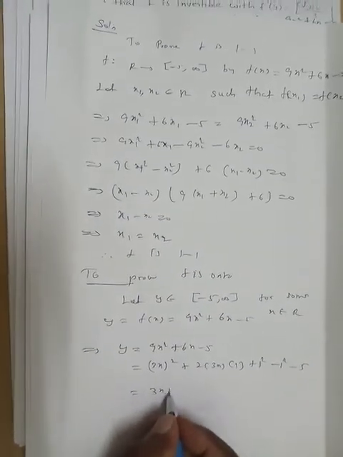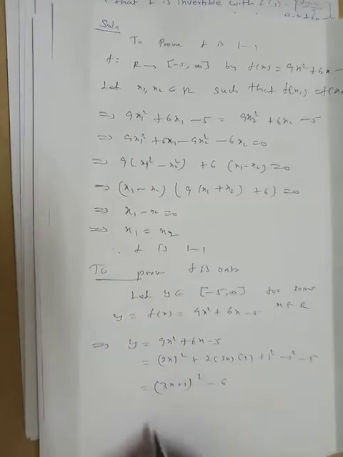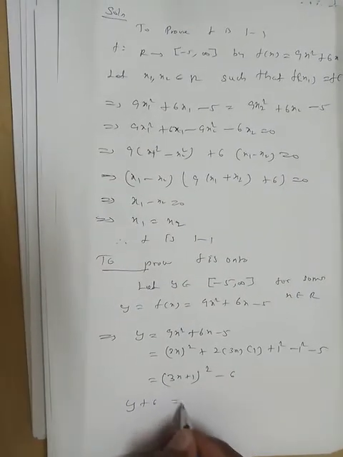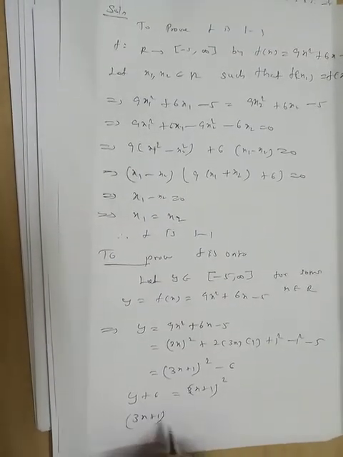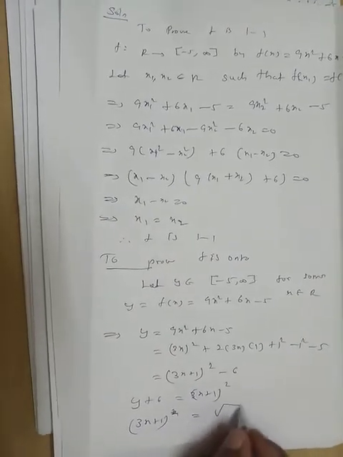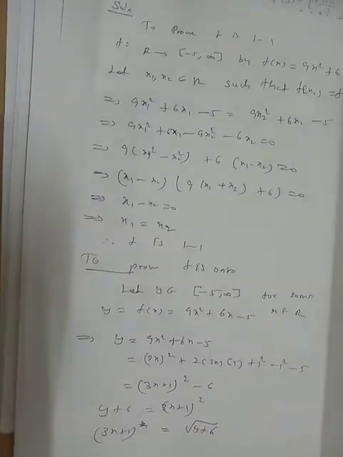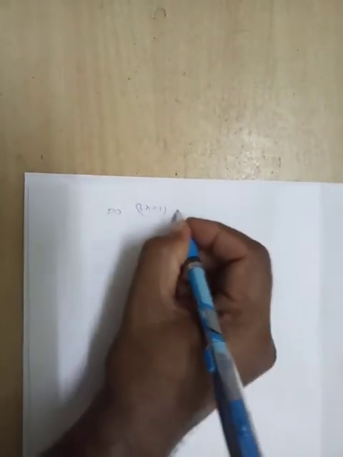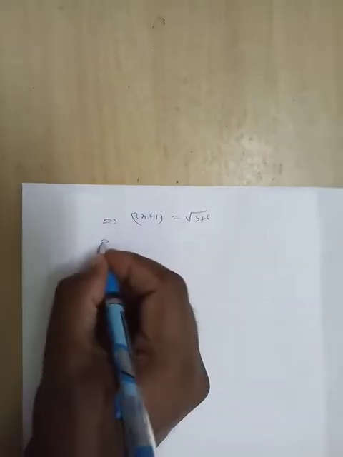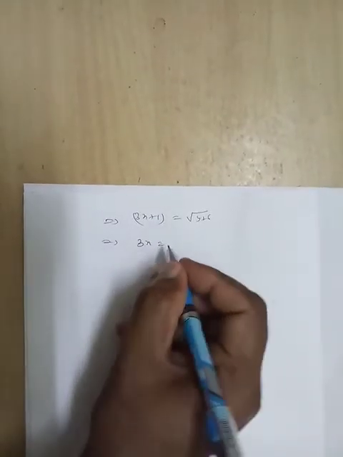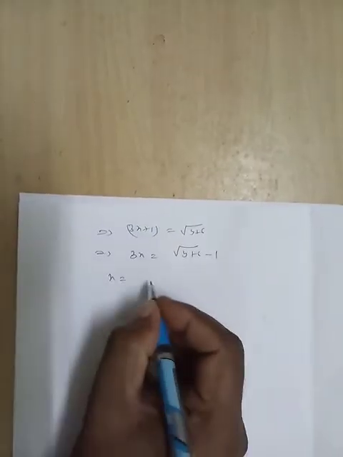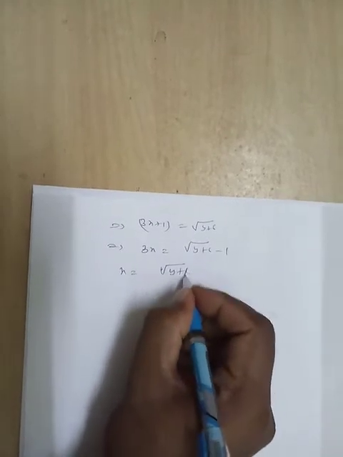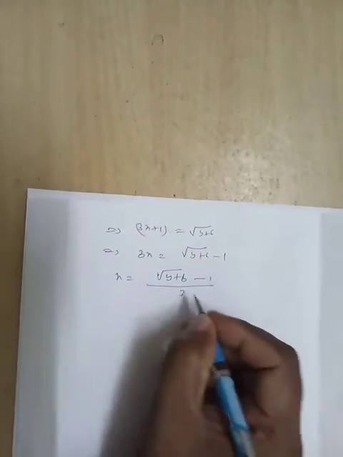This is (3x plus 1) the whole square minus 6. So y plus 6 equal to (3x plus 1) the whole square. 3x plus 1 equal to root of (y plus 6), which implies 3x equal to root of (y plus 6) minus 1. X is equal to (root of (y plus 6) minus 1) the whole divided by 3.